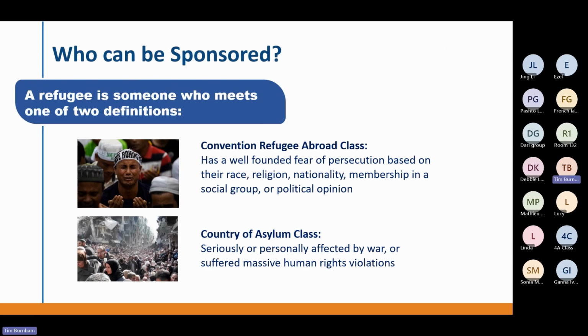Now let's look at who can be sponsored to come to Canada. The answer is that only a refugee and their family can be sponsored to come to Canada. There are two different types of refugees. The first is someone who has a fear of persecution based on their race, religion, nationality, their membership in a social group, or their political opinion.